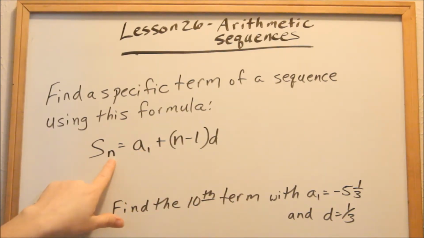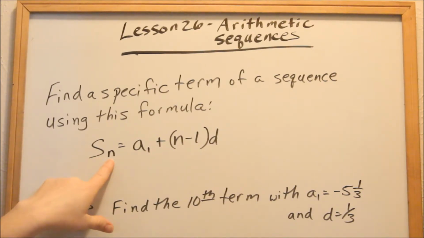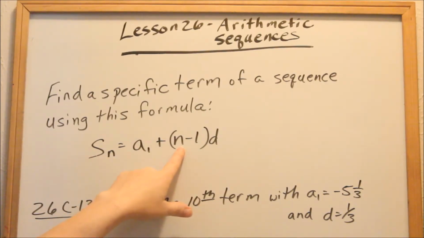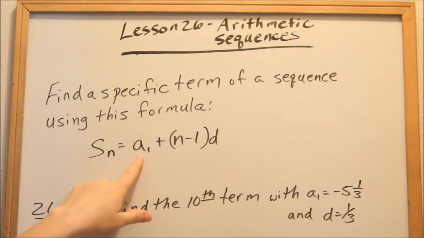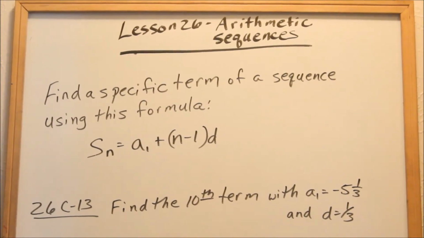So the a sub n means specific term, and the n is which term you're trying to find. Whatever term you're trying to find goes there for n, also goes there for n. As long as you know the first term and the common difference, you can find any term in a sequence without writing out the whole sequence.